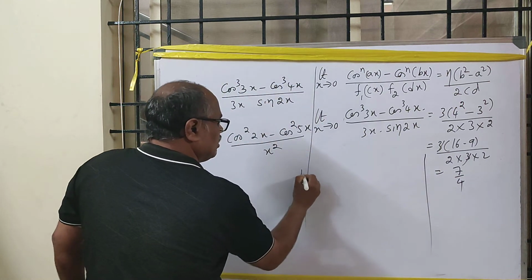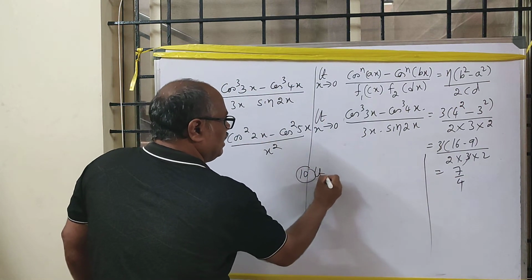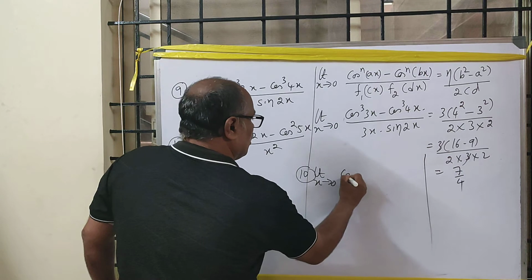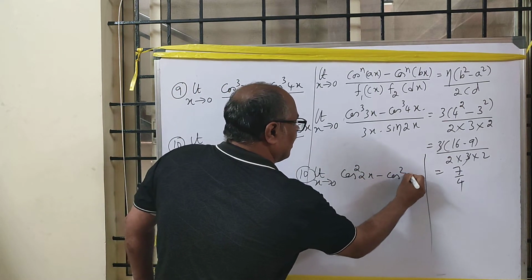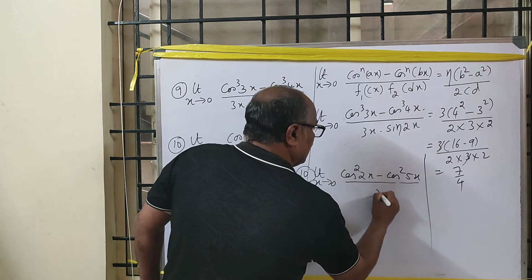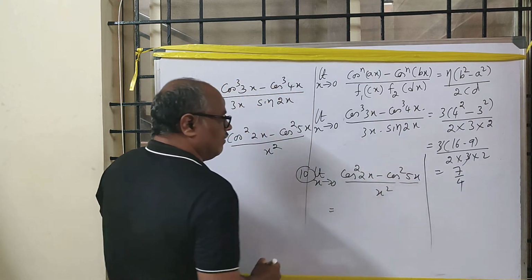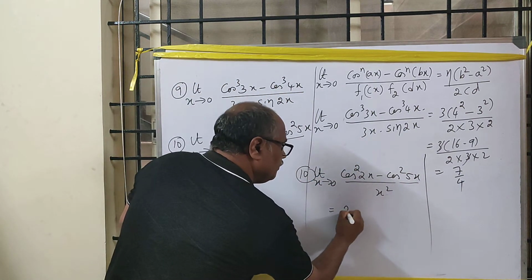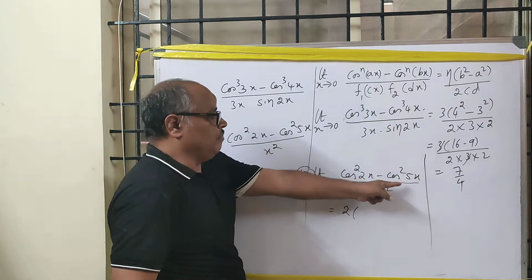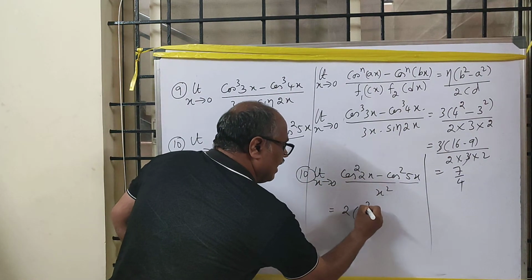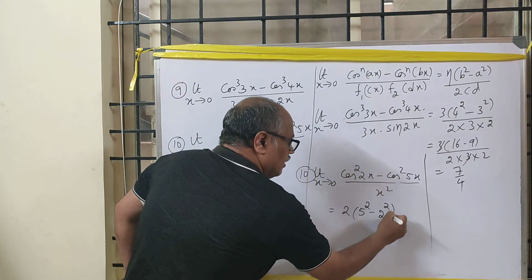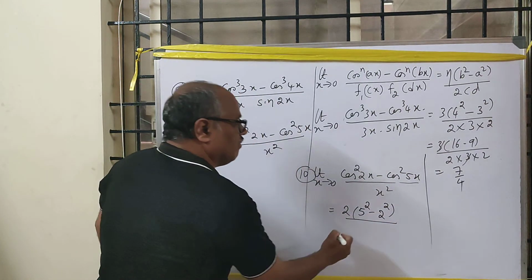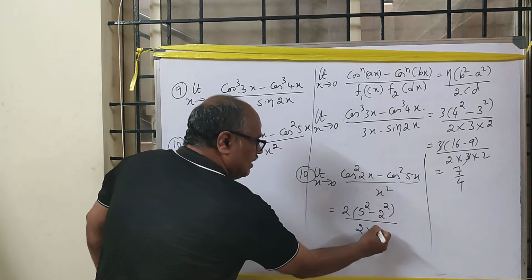The 10th question: limit x tends to 0, cos squared 2x minus cos squared 5x divided by x squared. Here the value of n is 2, the value of b is 5, squared, minus the a value 2 squared, divided by the coefficient of x squared, which is 1.